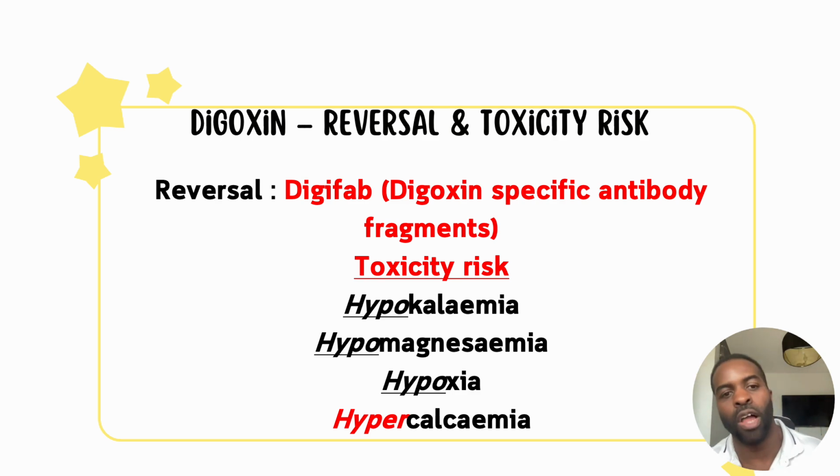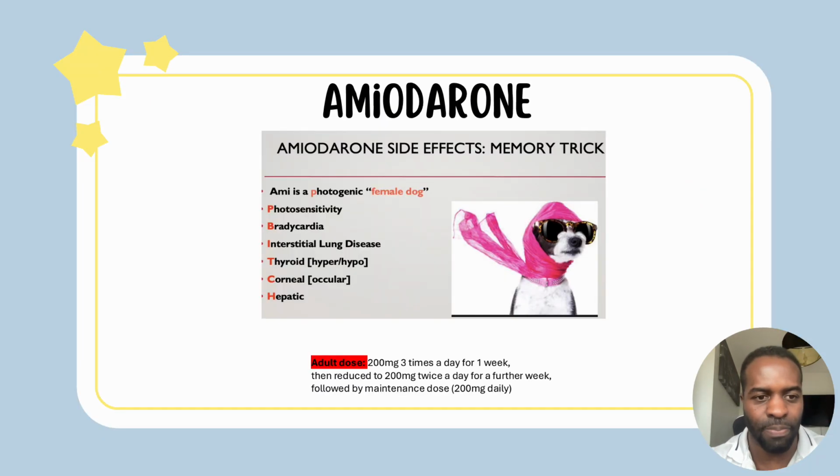So the patient has got a low level of potassium, a low level of magnesium, a low level of oxygen. All of this can increase the risk of the patient getting digoxin toxicity. And also hypercalcemia. The reason why I've left it at the bottom is so that you don't get confused. It's too much calcium, whilst for the other electrolytes, less of those increases the risk of digoxin toxicity.